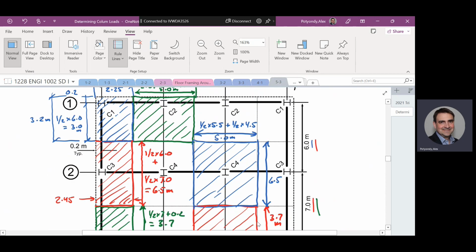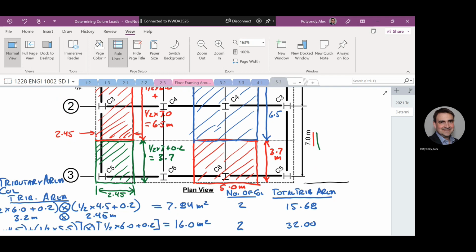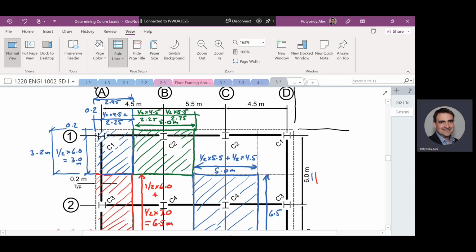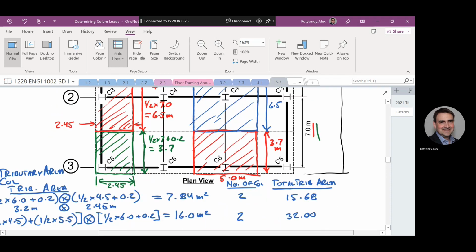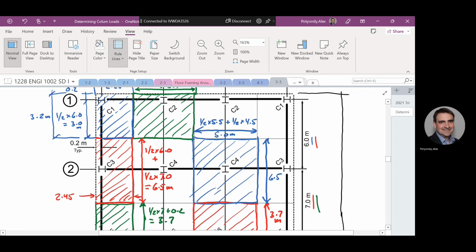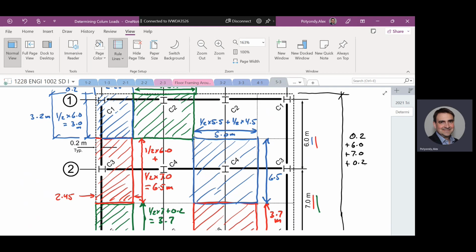Well, I should be able to do it. You should be able to get this dead on. And this dimension is going to be 0.2 plus 6.0 plus 7.0 plus 0.2. Okay, that's going to be 13.4.